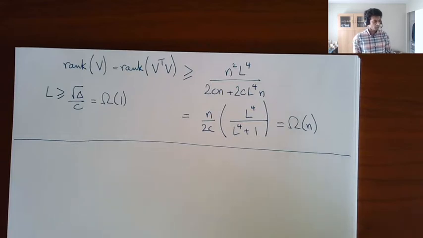So I'm wondering why you split into the two cases. In my opinion, you can just bound everything with the latter one. I mean, all the inner products are bounded by L squared, right?